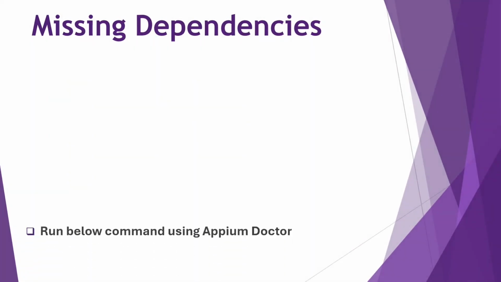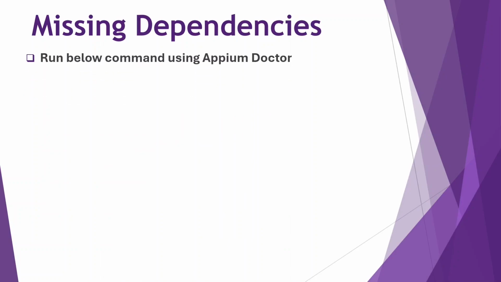So our first agenda is we need to run the below command by using Appium Doctor to identify what are all the dependencies that are required to set up your Android mobile automation in your system.